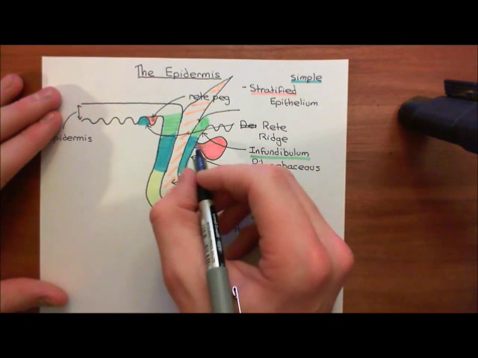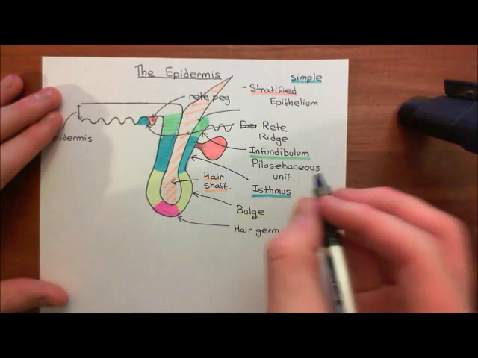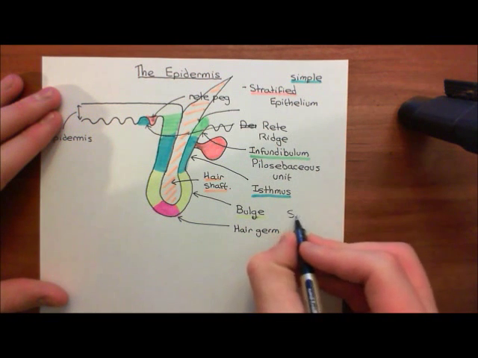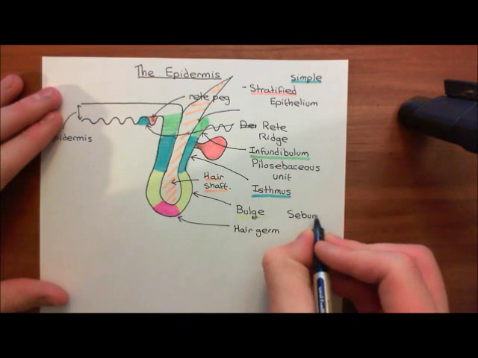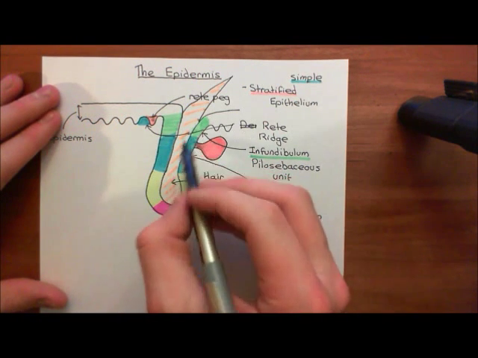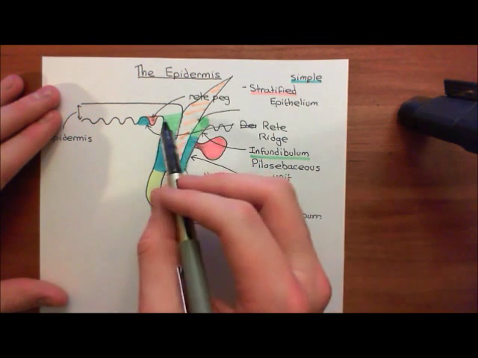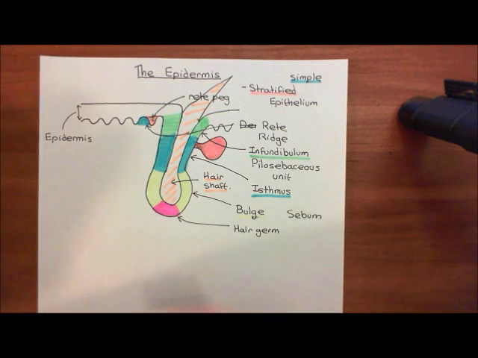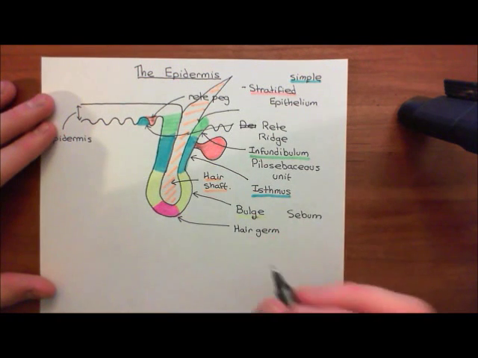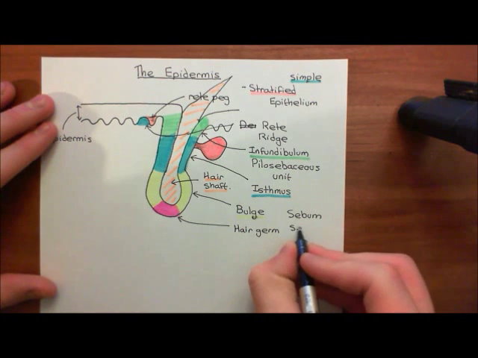This lipid which they release is known as sebum. The sebum is going to help lubricate the hair, and also it's going to go onto the surface of the skin and basically functions as your natural moisturizer.